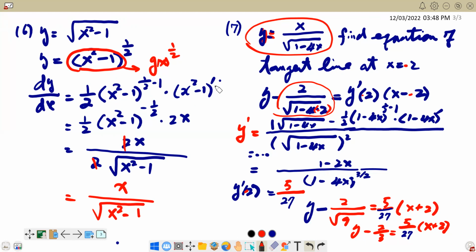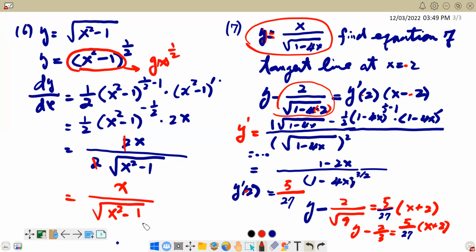So I get 1/2 times x squared minus 1 to the 1/2 minus 1, which is negative 1/2. The derivative of x squared minus 1 is 2x. Now the negative exponent pushes it to the denominator. So the numerator is 2x, and the denominator you get 2 here, and then the square root of x squared minus 1. Then you cancel out 2. So the final answer is x over the square root of x squared minus 1.